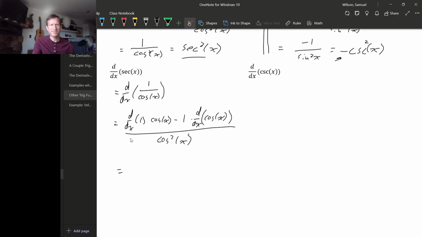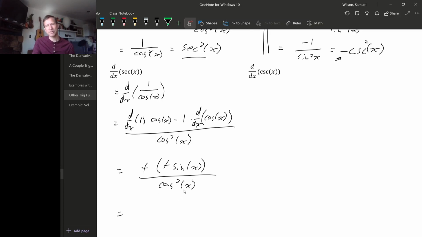Well, this first piece, the derivative of 1, that's 0. So this entire first term is gone. And then in the second term, we get minus 1 times the derivative of cosine, that's minus sine x. So these minuses cancel over cosine squared x. So we get sine over cosine squared.